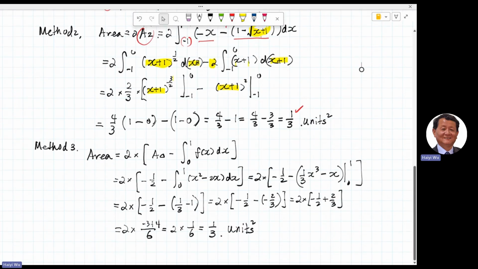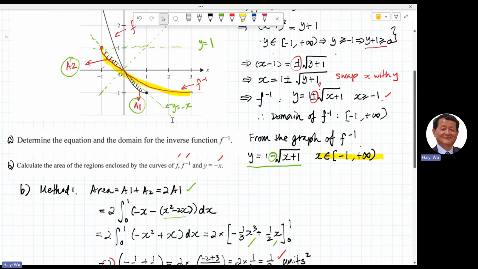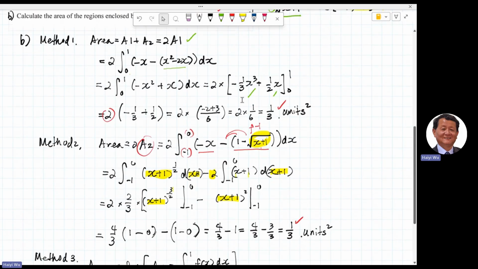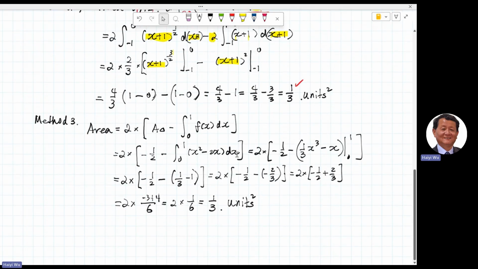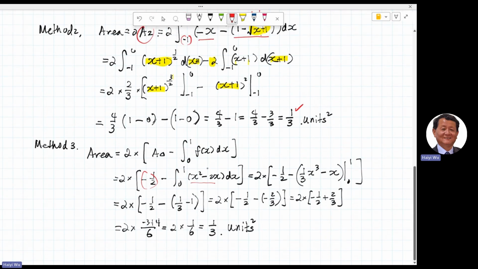There's another way, method 3, using the triangle area. If you look at the triangle here, the triangle area is half the base times the height, which is 1/2, and take away the area under f, from 0 to 1.